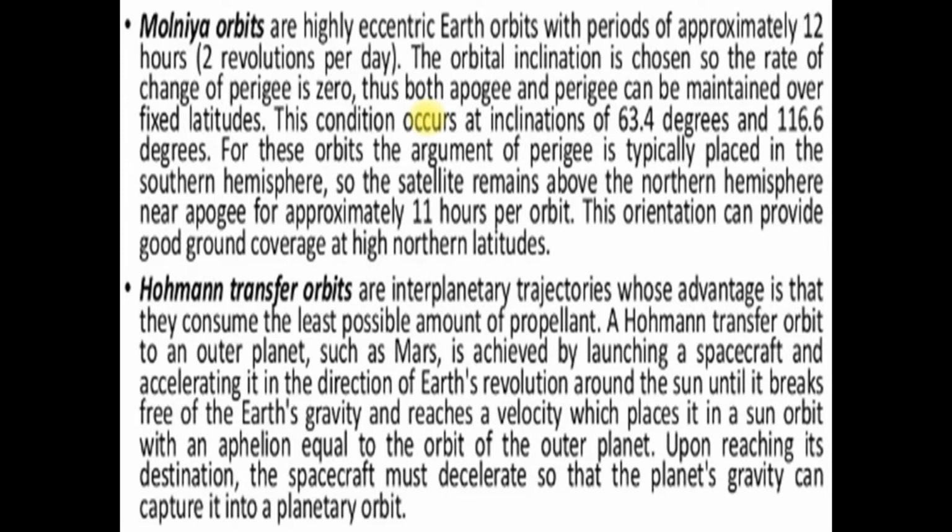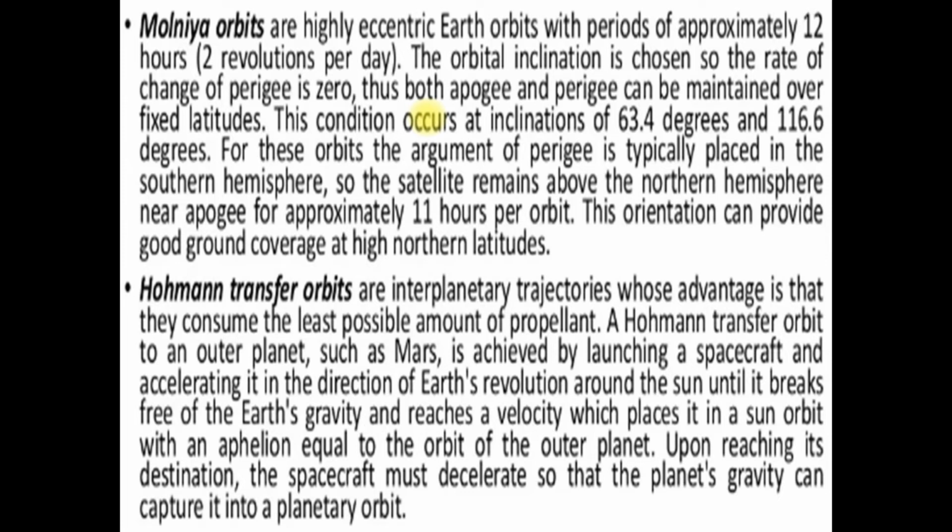A Hohmann transfer orbit to an outer planet such as Mars is achieved by launching a spacecraft and accelerating it in the direction of Earth's revolution around the Sun until it breaks free of Earth's gravity and reaches a velocity which places it in Sun orbit with an aphelion equal to the orbit of the outer planet.